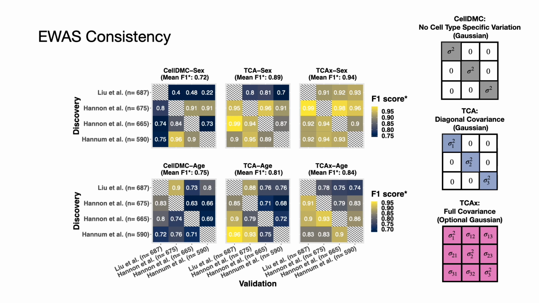We then go into an independent, different dataset listed in the columns and try to validate the result we got from the discovery dataset and report the F1 score. A higher F1 score indicates better consistency, and as you can see, through all pairwise comparisons between four datasets, TCAX achieves the best mean F1 score in both age and sex.